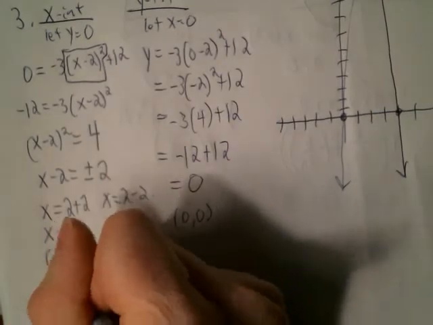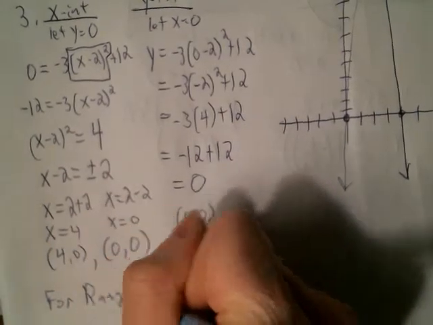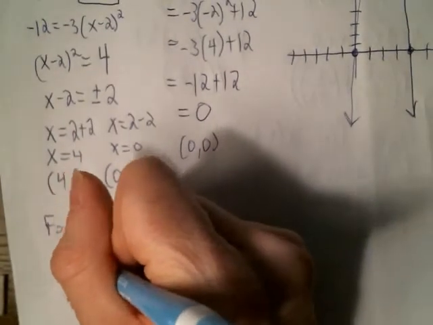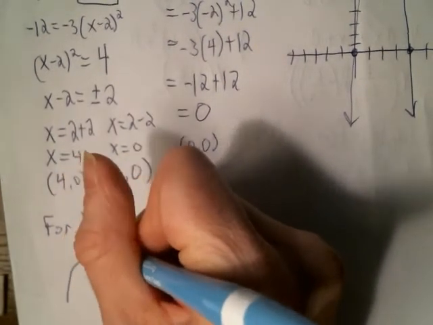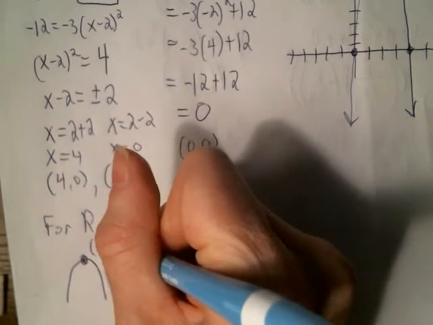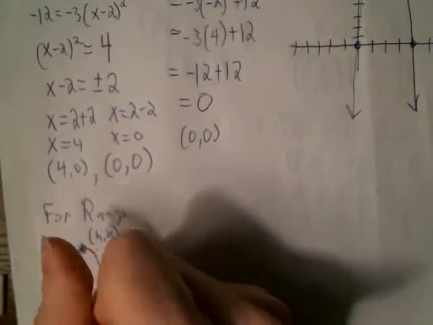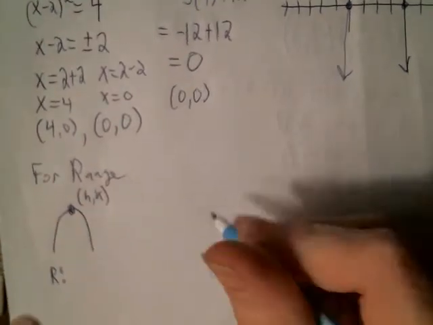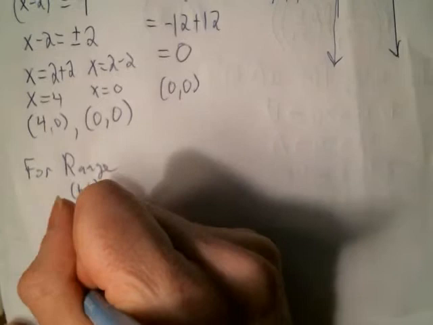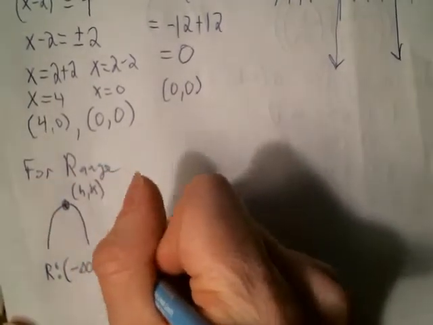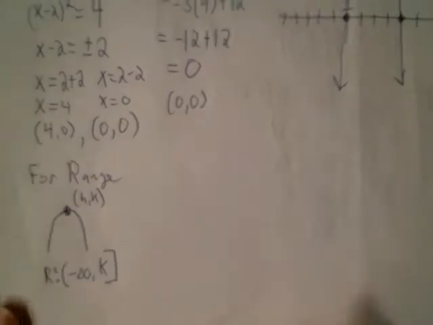And in general, you could play that game with range. There are two cases. Either you have the downward shape, and here is our vertex at (h, k). The domain is negative infinity to infinity, but the range will go from negative infinity all the way to the top, which is at k, and you include the top part.